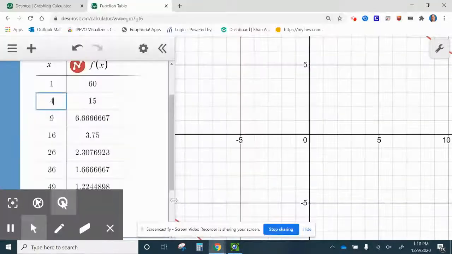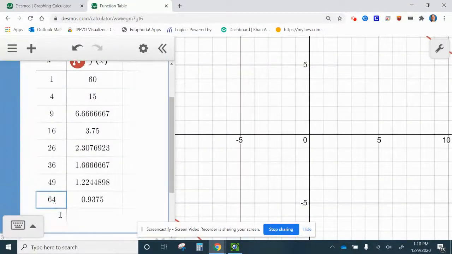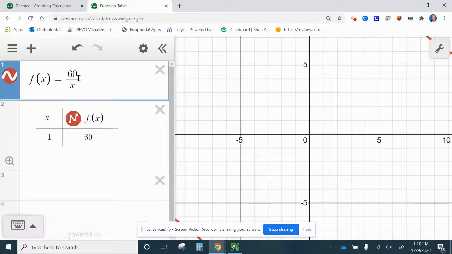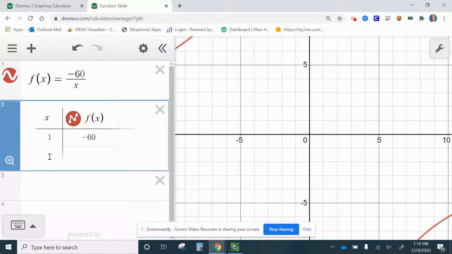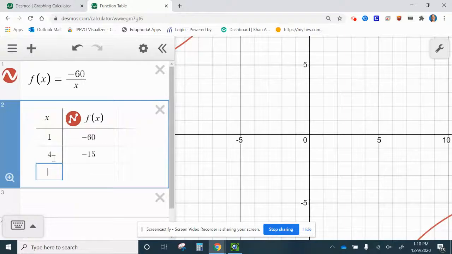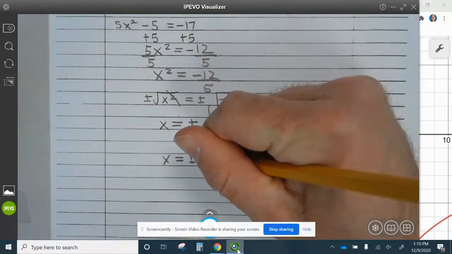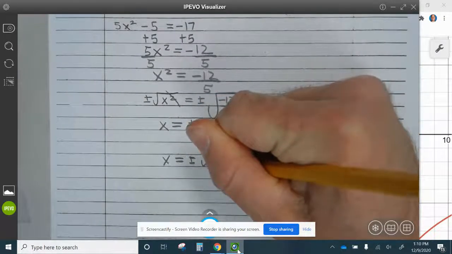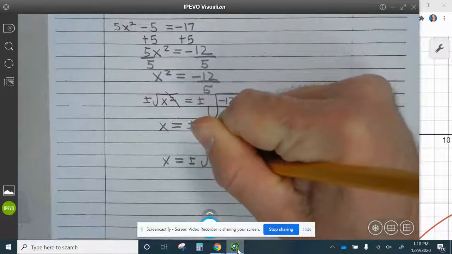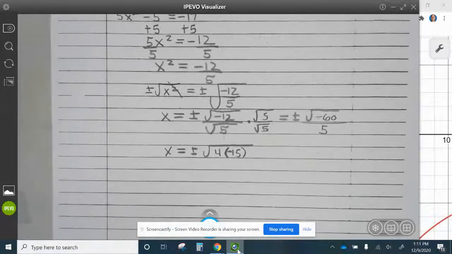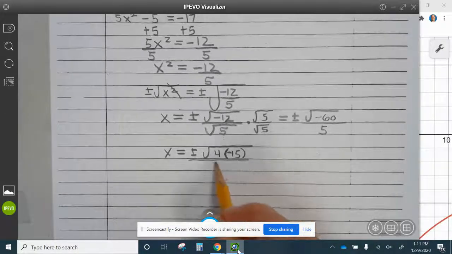So we come over here. Well, we already have 60, so we just change that to negative 60. And we do 1 times, and then 4. We know that 4 and 15 was the smallest. So 4 times negative 15, divided by 5.